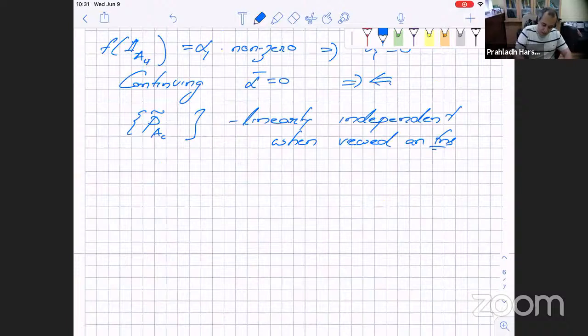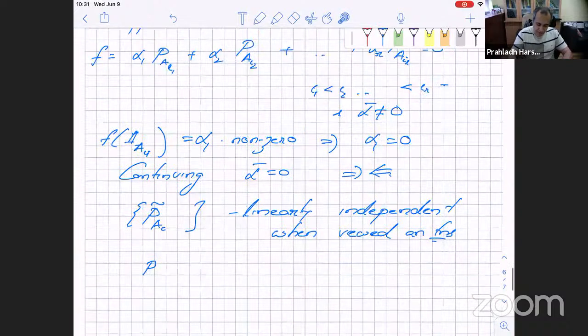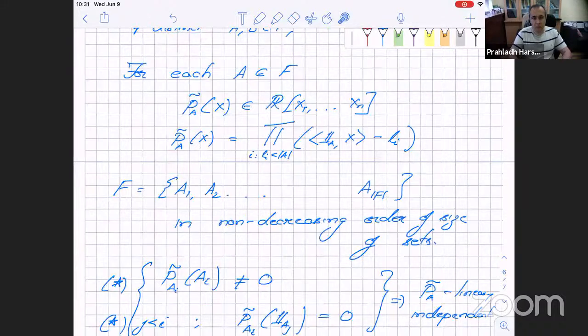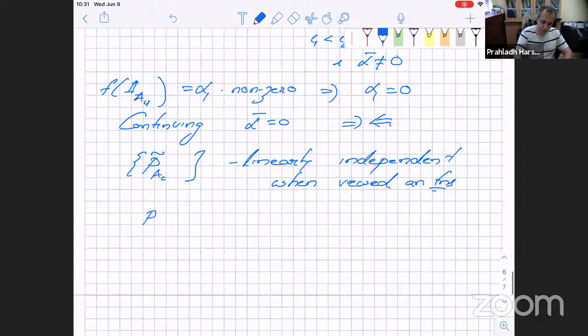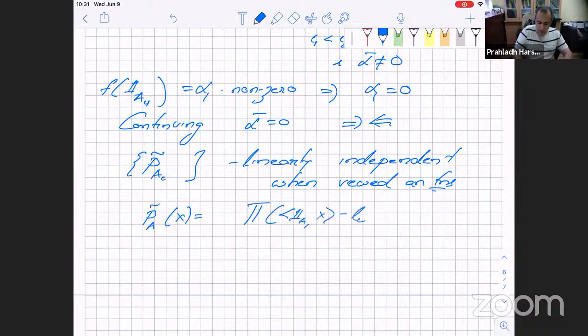But let's go back to the definition of P tilde A. This is how I defined it: P tilde A of X was defined to be the product of (1_A(X) minus L_i) over the set of all L_i less than the size of A. This is not necessarily a multilinear polynomial. When we open this out in the n variables, the individual degree in each variable could be much larger than before.